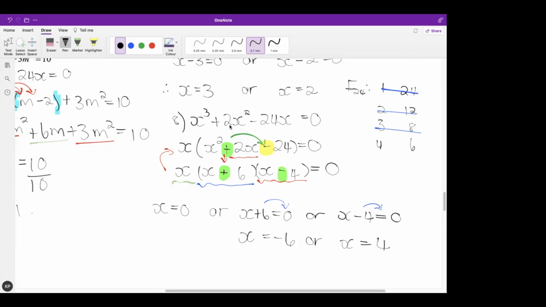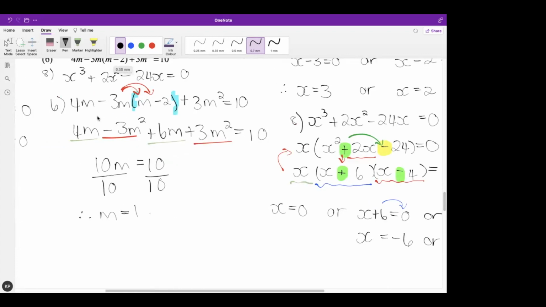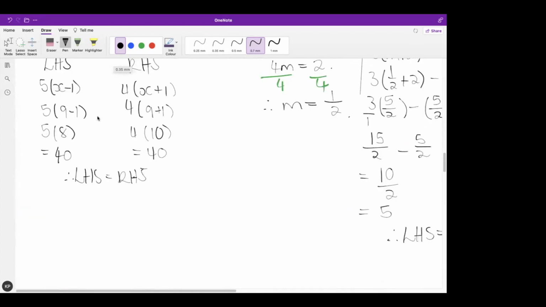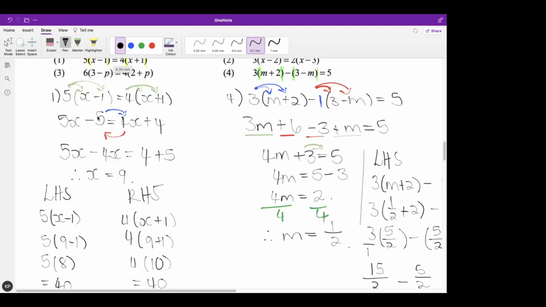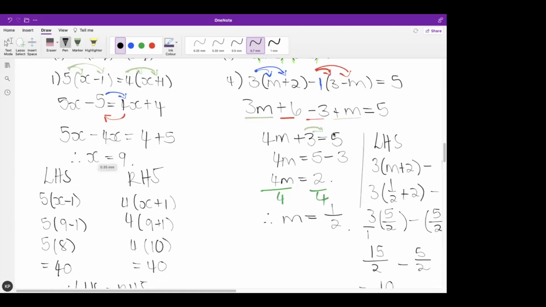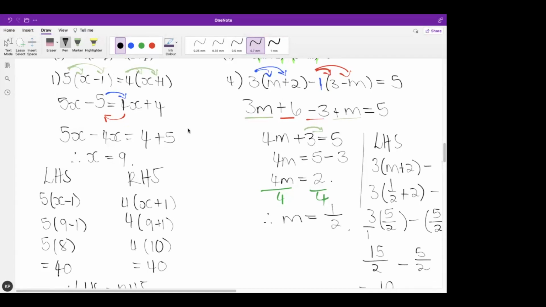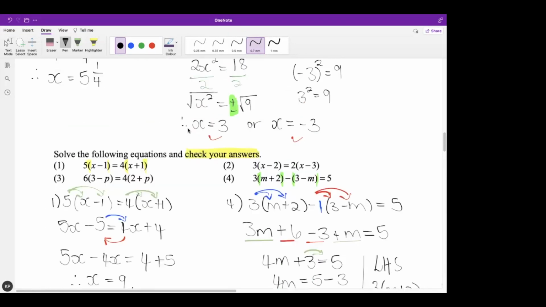Now I'm about to show you guys a little bit of a trick here to know if you have the right amount of answers. Now, when x didn't have an exponent, no, not really to substitute. That's to check if your answers are right, okay? But I want to check if I have the correct amount of answers.